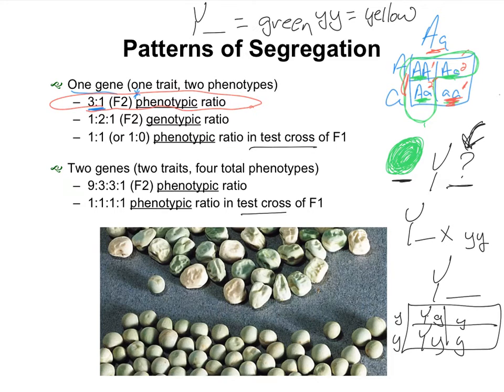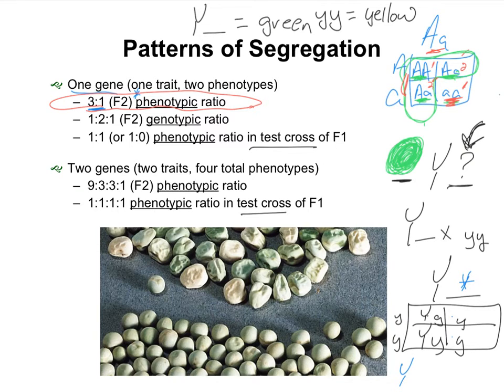If this second unknown, this blue star, were big Y, then you have 100% green peas, right? Because if both of these were big Y's, then all four of these would be big Y, little y, which would mean that all four of them would be green.